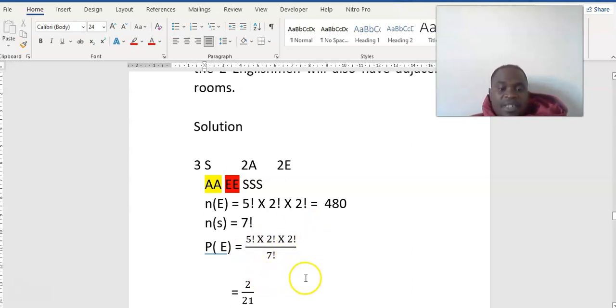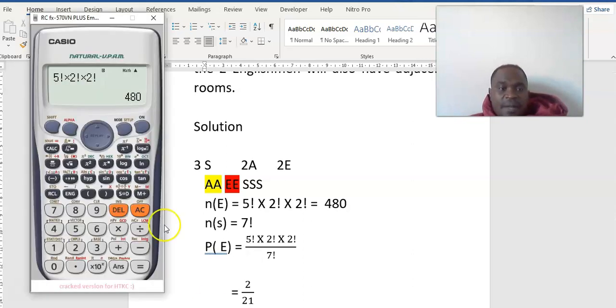So if I press this on the calculator, what am I going to get? Let's press that on the calculator. The skill of using the calculator is important. Alright, so let's learn how to use the calculator well, because it answers most of the questions for us.